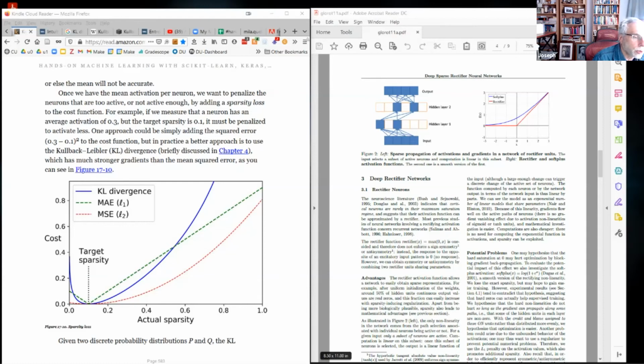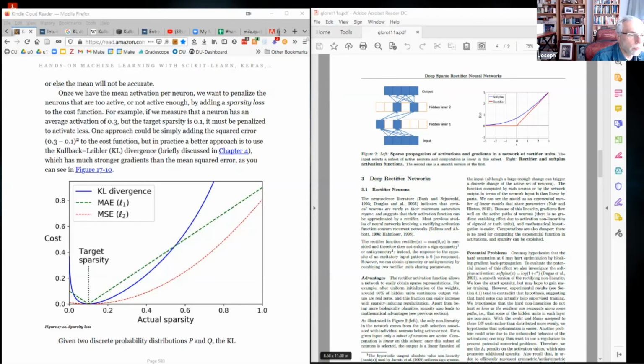But the most important part is out in the wings, where if the actual sparsity is, let's say, 0.6, that's in the regime where the KL divergence is bigger than both the L1 and the L2 terms. The gradients are sharper, right, for the KL divergence. The gradients are much sharper. Yeah. Are we looking at the gradient here, or are we looking at the sparsity versus loss function?